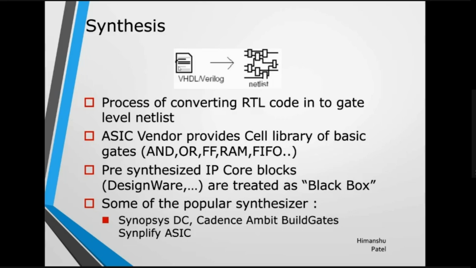When you have a synthesized version, you will directly plug and play. It's a pre-synthesized RTL, and you will use it as a black box in your existing execution. When you say black box, that means an empty module.